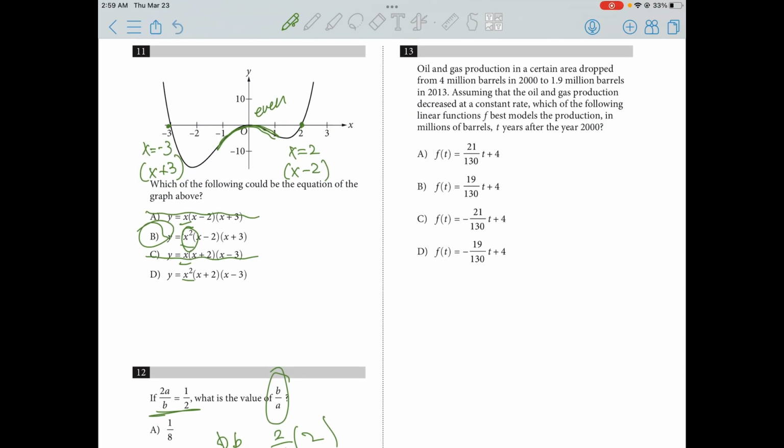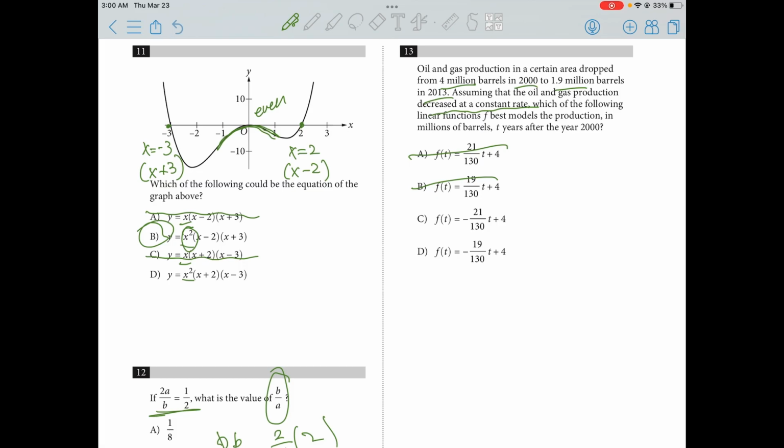Number 13. 4 million in 2000, 1.9 million in 2013. So assuming that oil and gas production decreased at a constant rate, that means we can eliminate A and B because they have a positive slope, but we're looking at decreasing, it has to be negative.